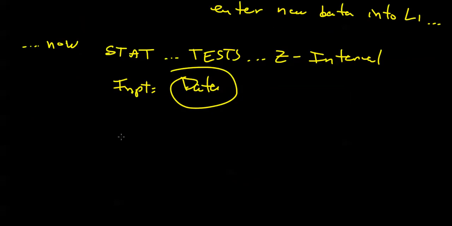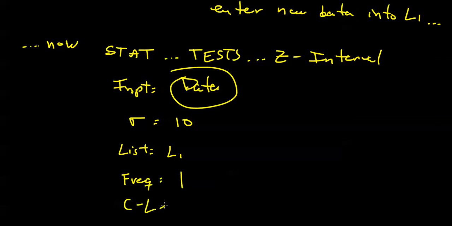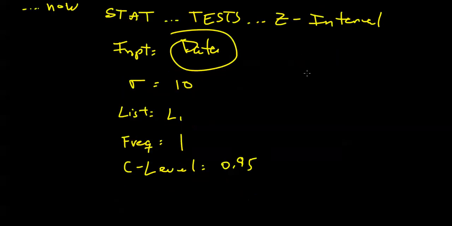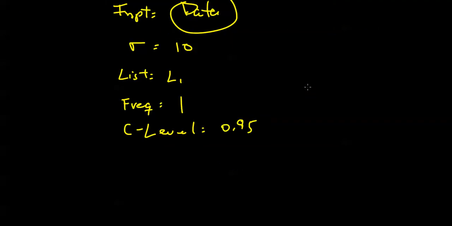For this particular problem, recall the standard deviation was given to us as 10. The list default hopefully is L1. The frequency, leave it at 1. Hopefully the default is 1. And the confidence level is 0.95. Alright, so we can work this z-interval command entering in raw data just as well as we can with summary statistics.